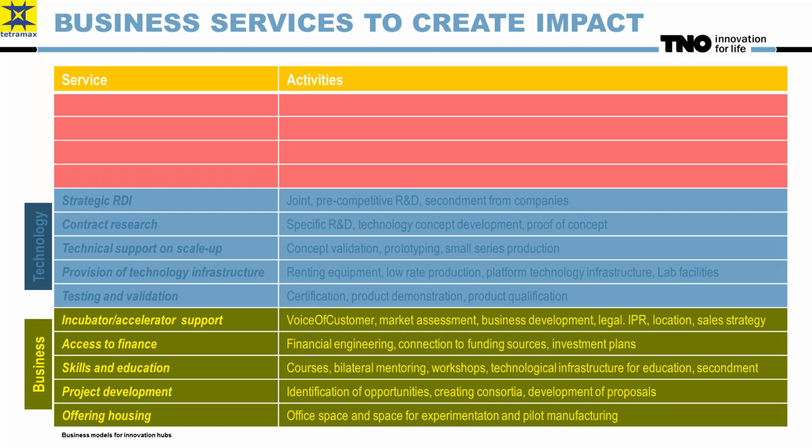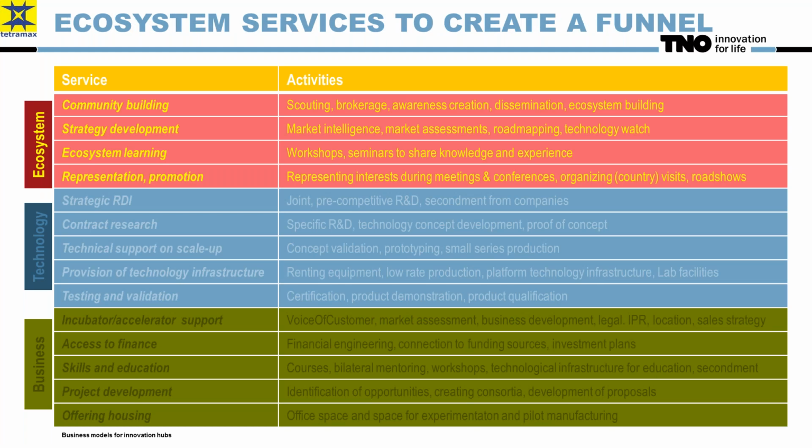Then there's project development offering housing. So you can see that these kind of activities are really getting those technologies into business. A third layer of the ecosystem is about community building.